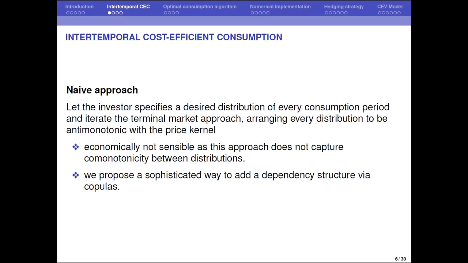And well, as a naive approach, we can let the investor specify the desired distribution of every consumption period and iterate the terminal market approach, arranging every distribution to be antimonotonic with the price kernel. It means repeating the previous argument n times, thinking about n as a number of periods.